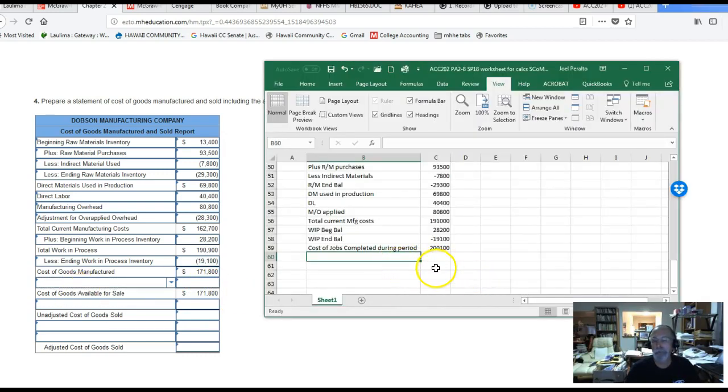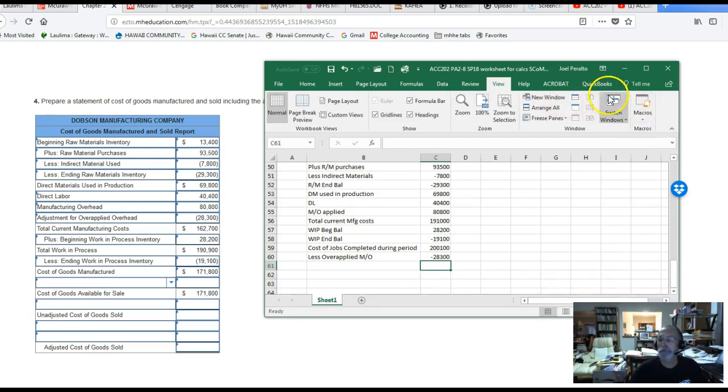And I show 200,100, and I believe the difference is in the over applied manufacturing overhead, which was that 28.3.